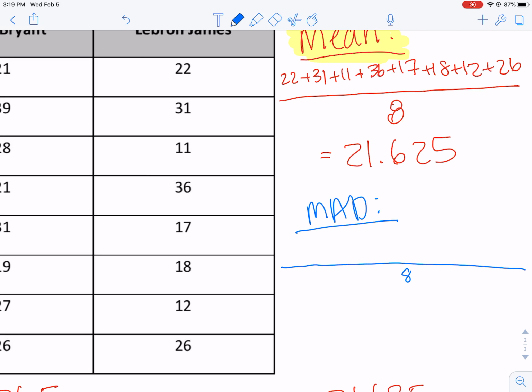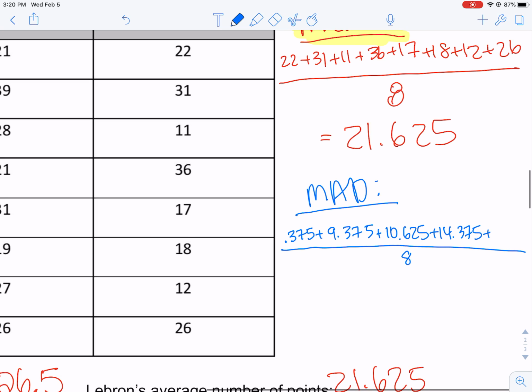If you subtract 21.625 from all of those numbers and you figure out the difference between them, the first one's going to give you 375 plus 9.375 plus 10.625 plus 14.375 plus 4.625.